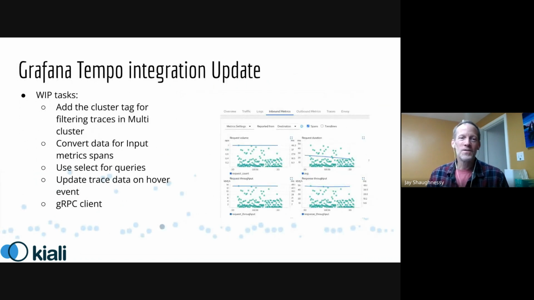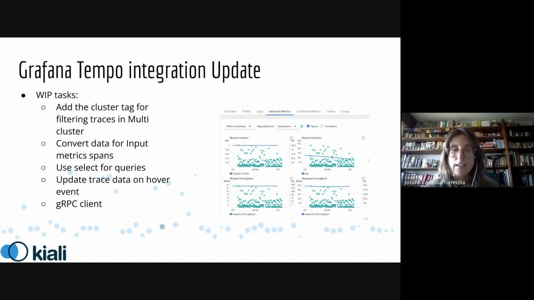All right, let's move on to what we've been doing in the Grafana Tempo space, and we'll let Josune talk about that. Thank you, Jay. So yes, I would like to talk about the upgrade of Grafana Tempo. There are not many improvements in this release, but there is a bunch of work-in-progress tasks. Most of them are still in review, and one of them is in progress at the moment.